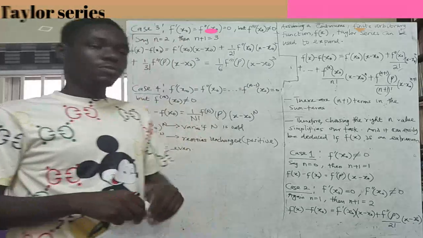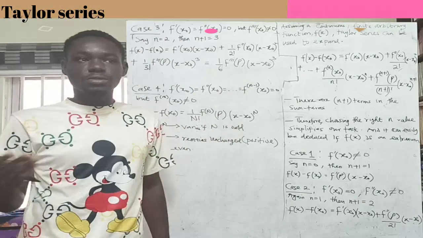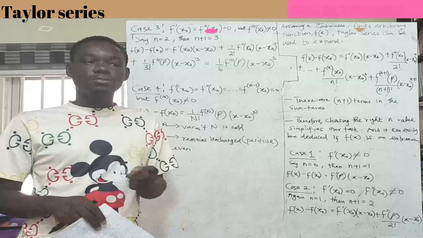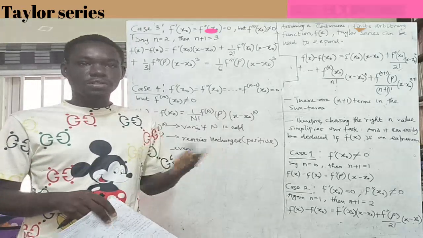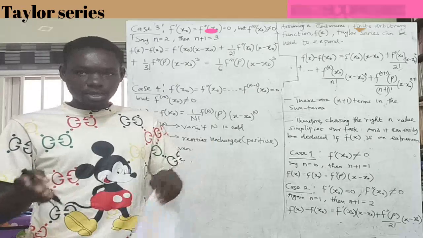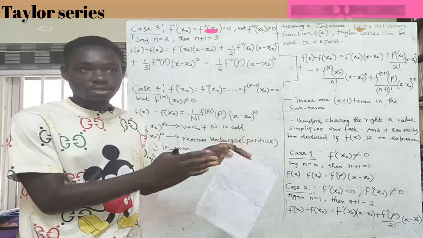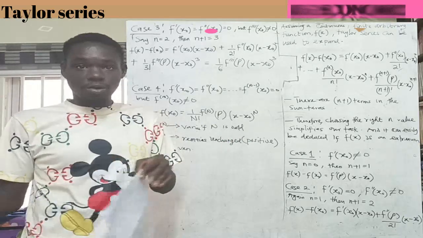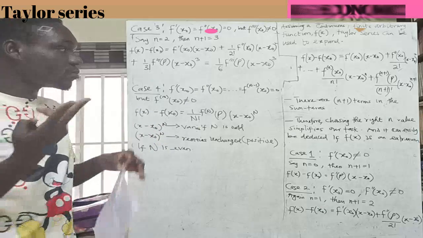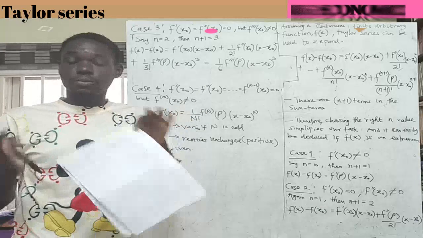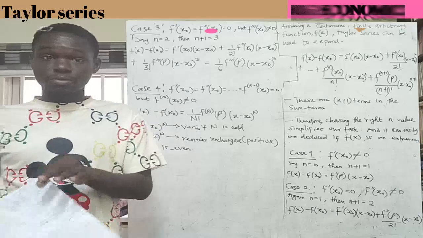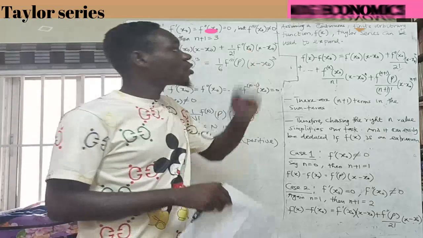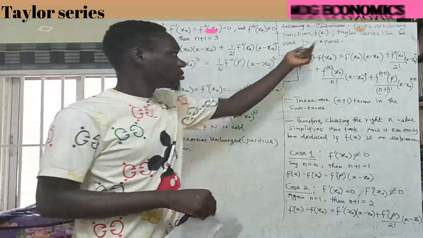If you recall from your elementary introductory mathematical economics, we were told that for a function to be differentiable, it has to be continuous. That's the first condition. It has to be continuous, and it should be differentiable at every point on the curve. Those two conditions have to be present for you to say a given function is differentiable. Do you understand? Now, assuming a continuous and finite arbitrary function, this is the function here.